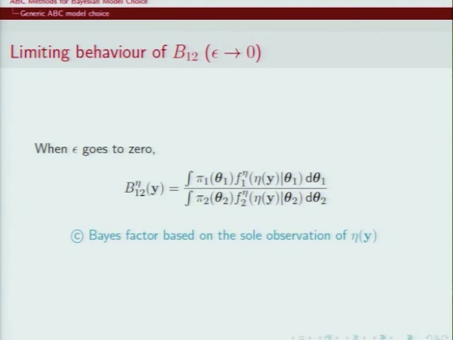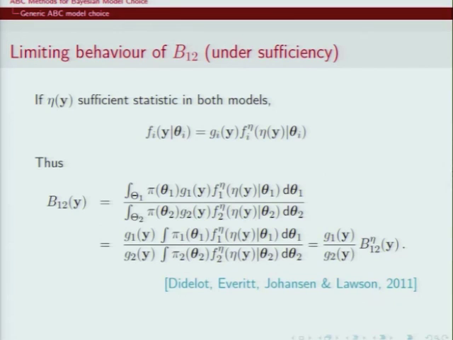So I'm making a decision when using ABC model choice that only depends on eta of y, if I run a Bayes factor in the standard Bayesian model choice procedure. Now the question is, how much do I lose by using this eta of y rather than y?